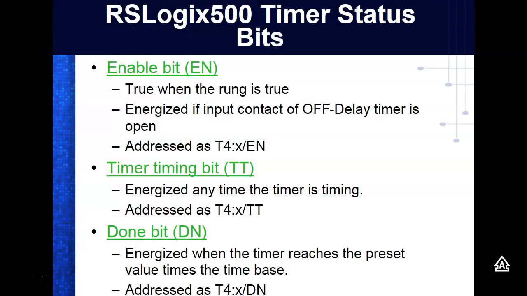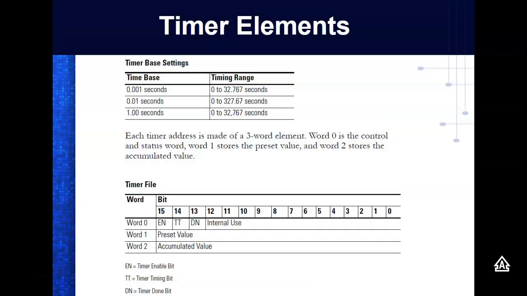These are the status bits that are available to us. So this is the actual layout of a timer right here. So word 0 bit 15 would be your enable. Word 0 bit 14 would be your timer timing bit, and 13 would be your done bit.